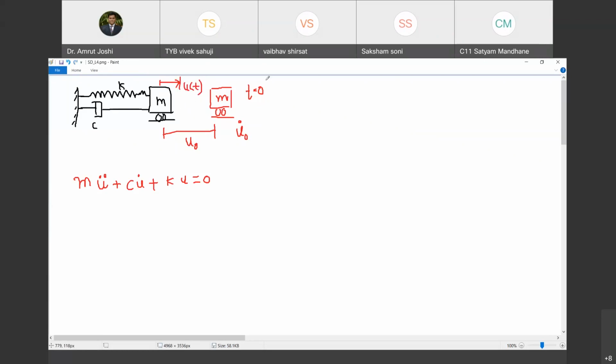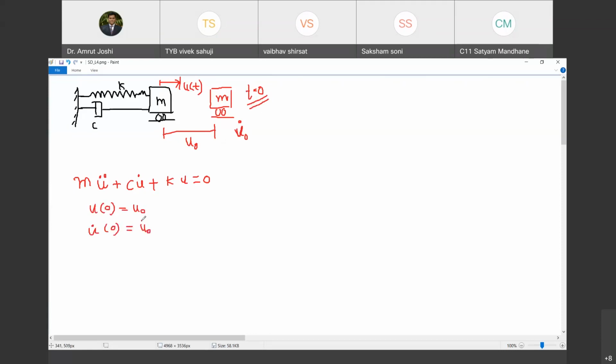To begin with, at time t equal to 0, the mass was stretched to u0 and it had a velocity of, let us say, u0 dot, which may be 0, but we are considering a general case. So these are the two initial conditions: u of 0 is u0 and u dot of 0 is u0 dot.